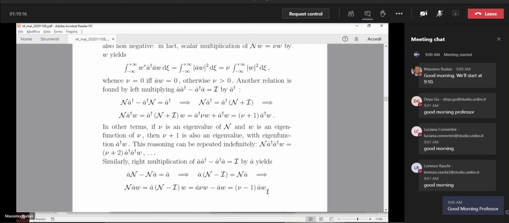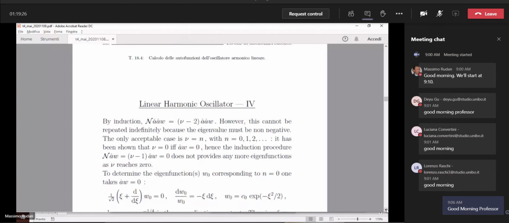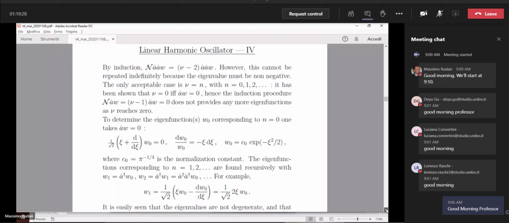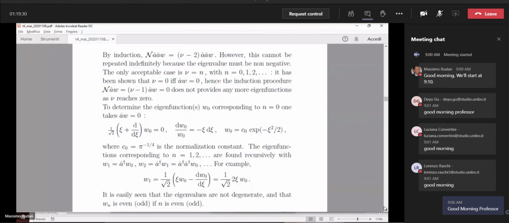Conclusion. The only acceptable values of the eigenvalues are the non-negative integers.